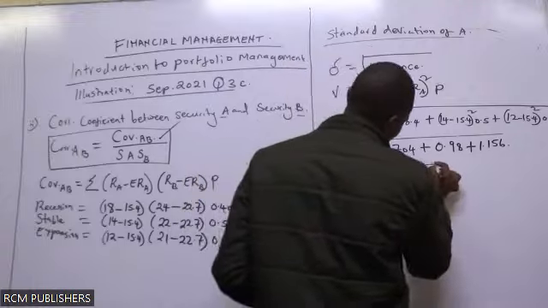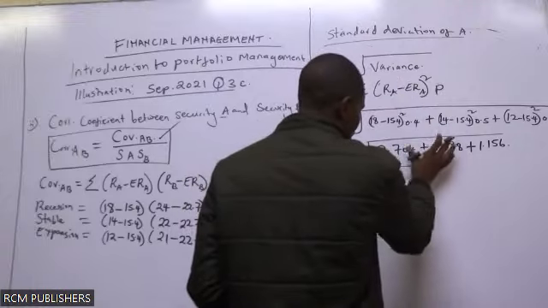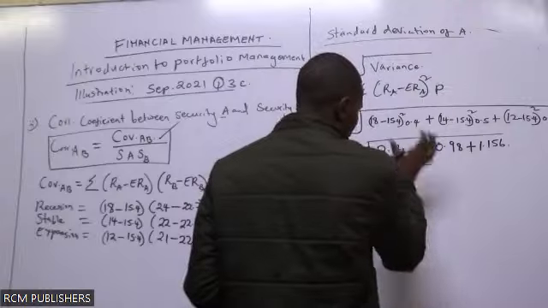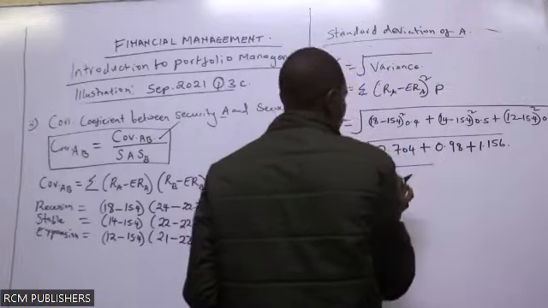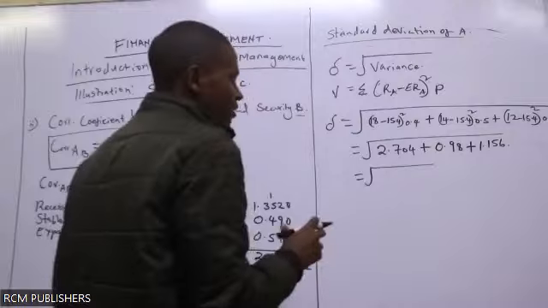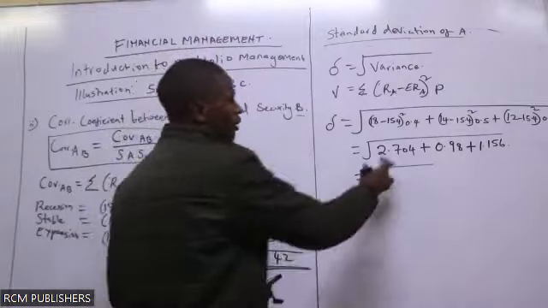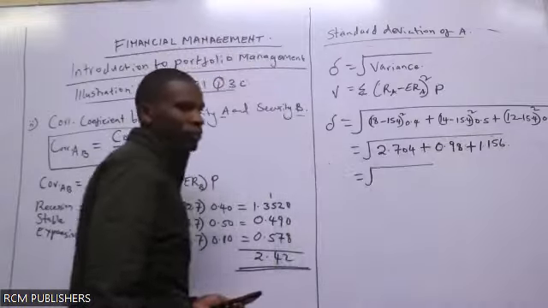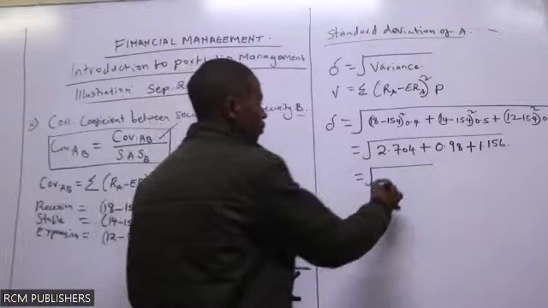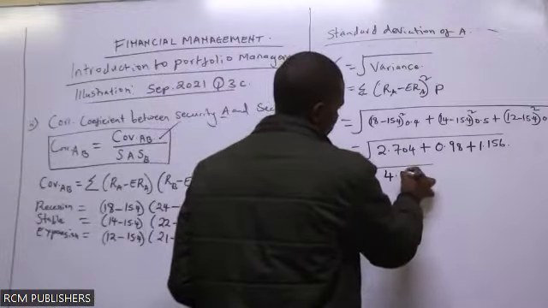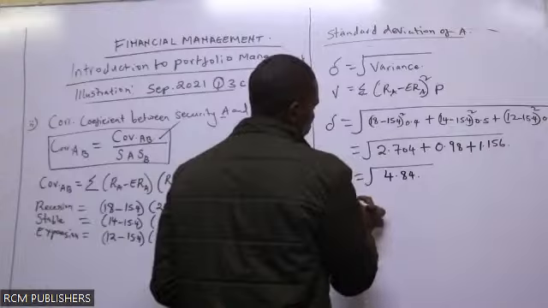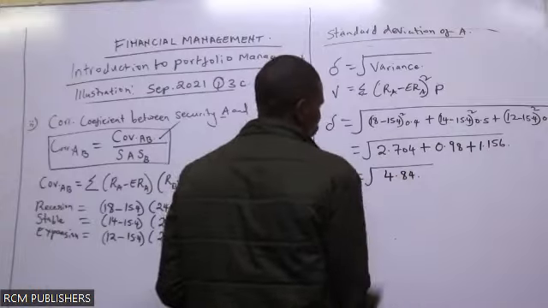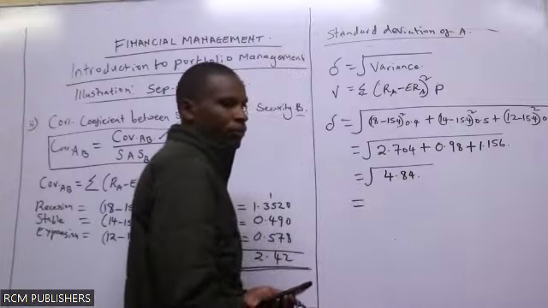You can give me now the total. I am reducing the bigger square root, because I'm reducing by getting my results. So give me the summation, 4.84. So my standard deviation would be the square root of this.